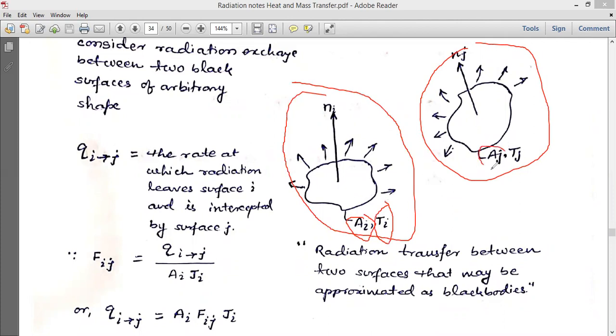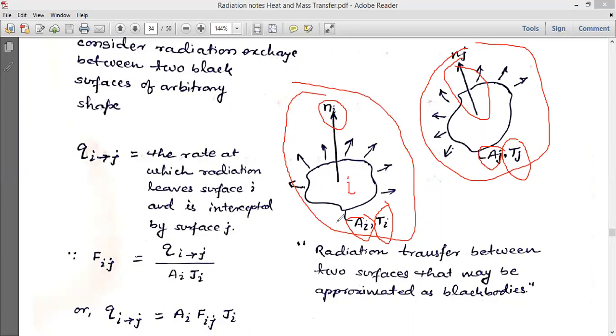The second has area Aj and temperature Tj. Suppose the surface normal for area i is Ni, perpendicular to this surface, oriented in this direction. Correspondingly, the surface normal for surface j is in this direction. Let us say both are randomly oriented.